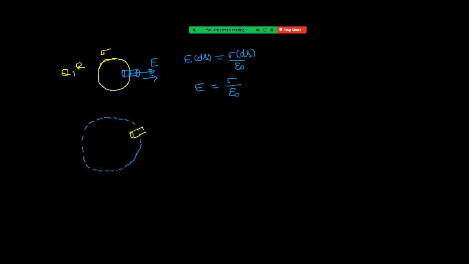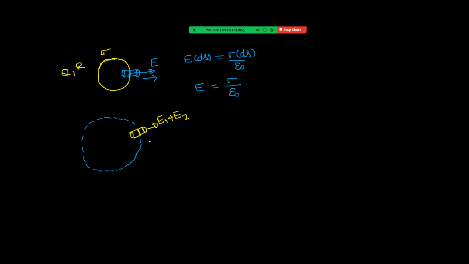What I am saying is, because of this small part of the conductor, take the field as E1. E1 is the electric field strength due to this small part of the conductor. Due to the remaining part of the conductor, the field at the same point, take it as E2. And these two will be in the same direction.